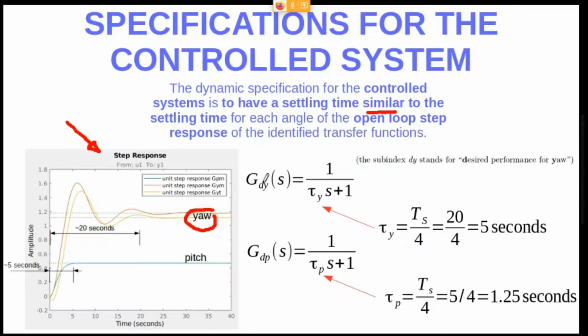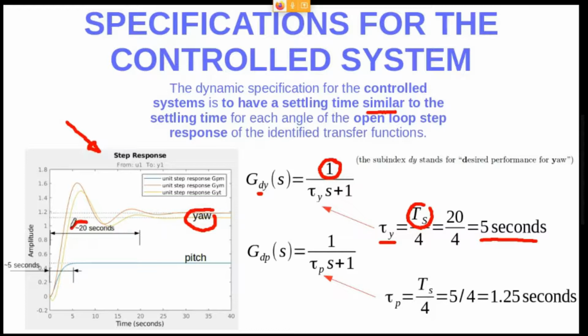So the desired behavior of the yaw controlled system will be a first order system with a static gain of 1, because this way there will be no error for the control system. And here, as you can see, the time constant for the yaw angle will be 5 seconds. That is 1/4 of the settling time, that is 20 seconds.